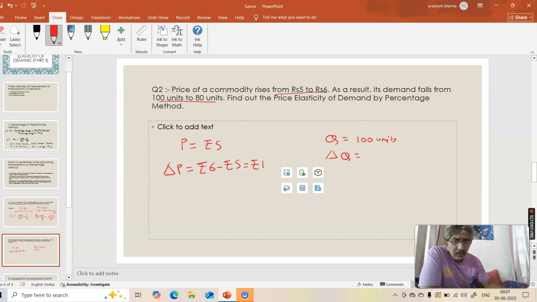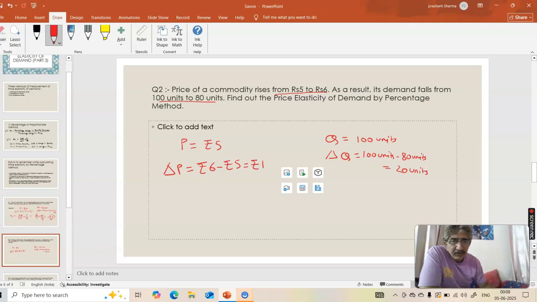You can do that orally: 100 minus 80 is 20. But for your convenience, 100 units minus 80 units means there's a change of 20 units.